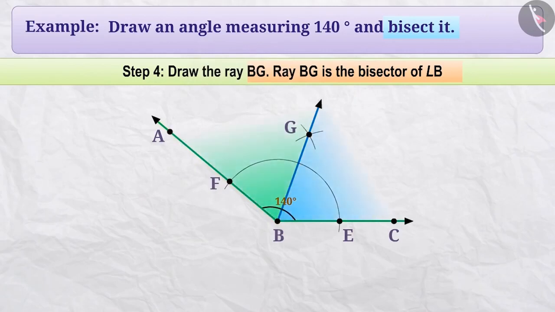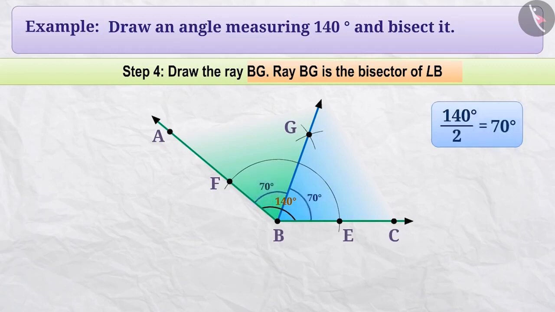This verifies that we have properly bisected the angle measuring 140 degrees, giving us two angles, each of them measuring 140 degrees divided by 2, which is equal to 70 degrees.